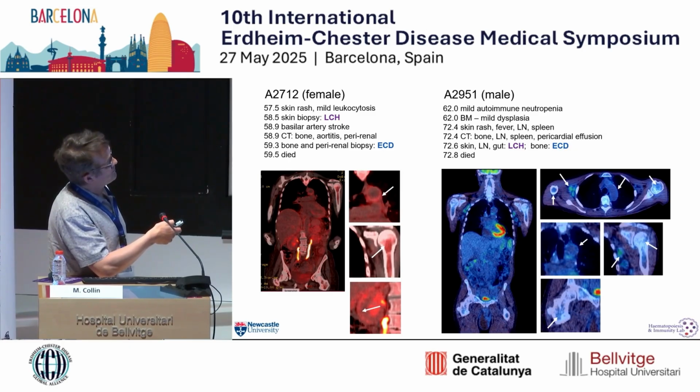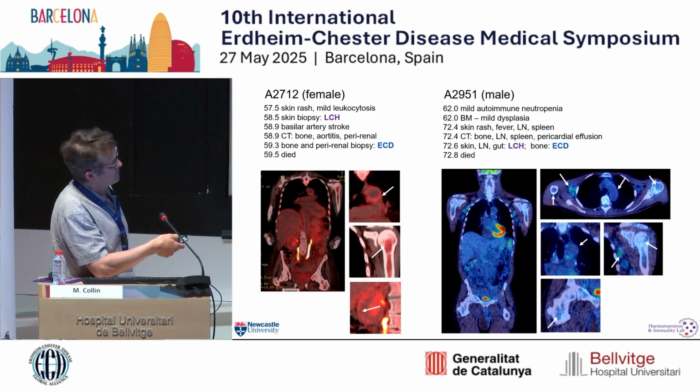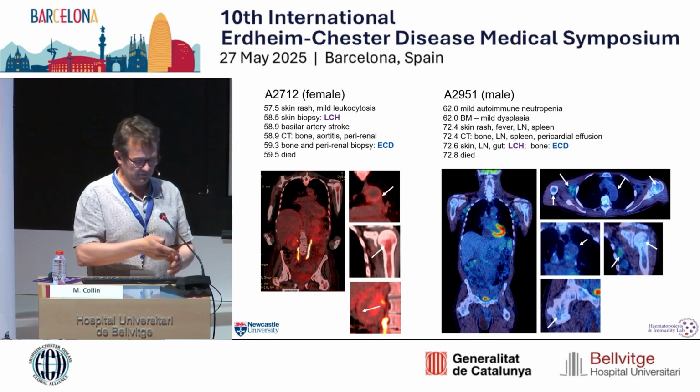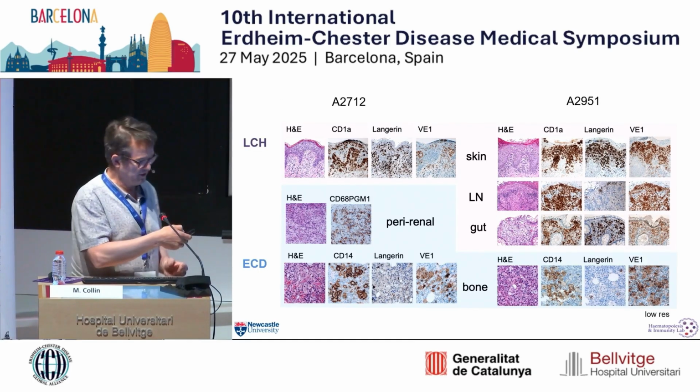This was confirmed as Langerhans Cell Histiocytosis and also found in multiple sites, including the lymph nodes. PET scans then showed several sites of Erdheim-Chester disease involvement of the aorta and the bones, and bone biopsy confirmed Erdheim-Chester. And this is what the pathology looked like.